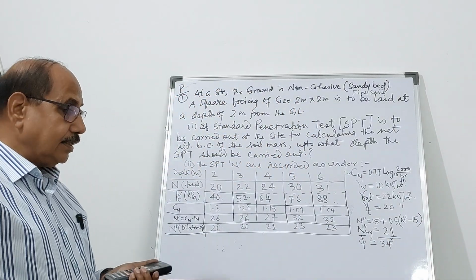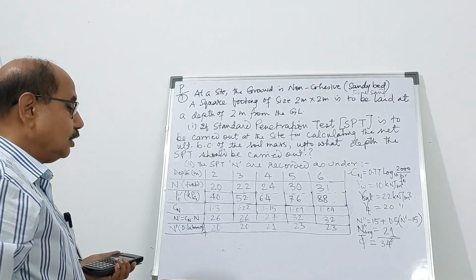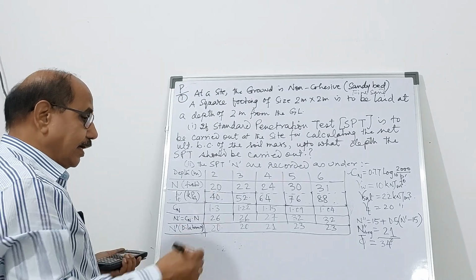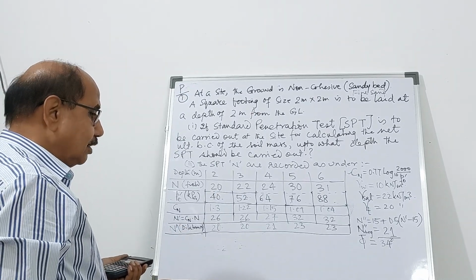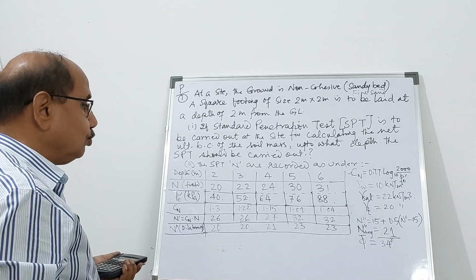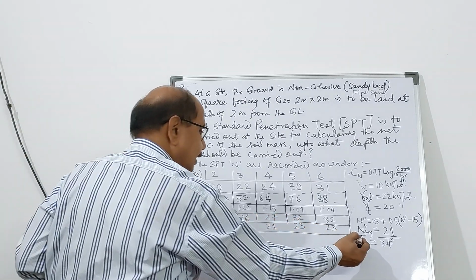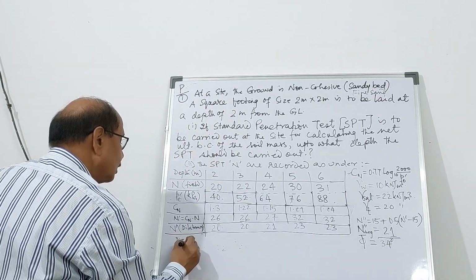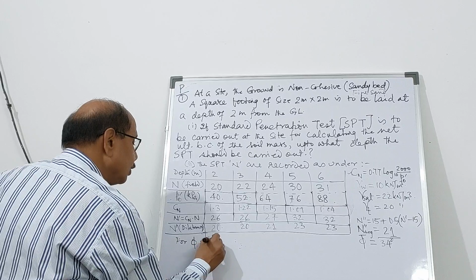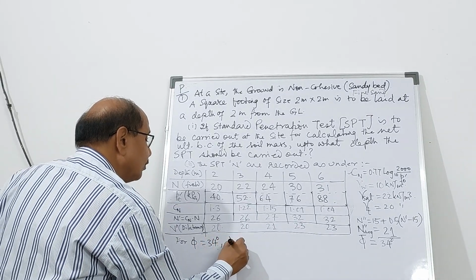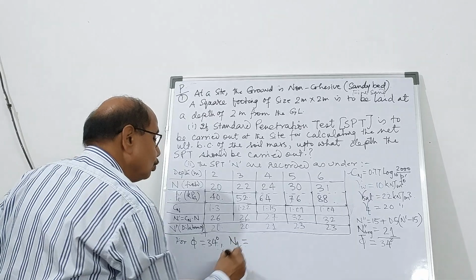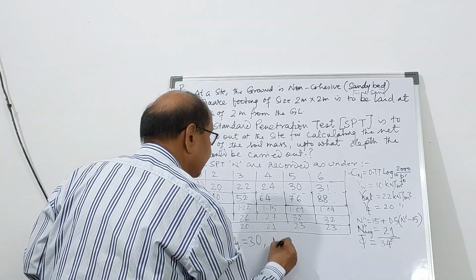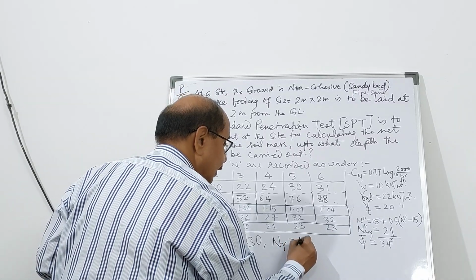So the value of phi having been known, if you refer IS 6403, you have been given a chart where you can find out the value of NQ and N gamma. So for phi equal to 34 degree, the bearing capacity factor NQ is going to be 30, and N gamma equal to 40.